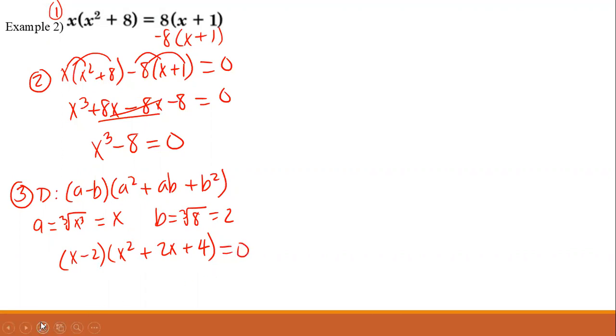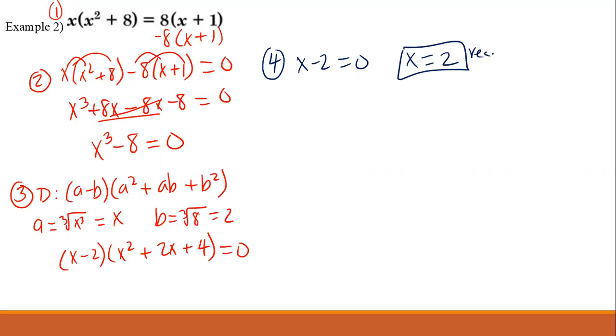Okay, step 4 is where I actually get my answer, where I solve. So step 4, I take each factor using the zero property, set it equal to 0. So x minus 2 equals 0. So I know x equals 2 is a real solution. There's my real. And then I'm going to use the quadratic formula. So for the quadratic formula, a is 1, b is 2, and c is 4.